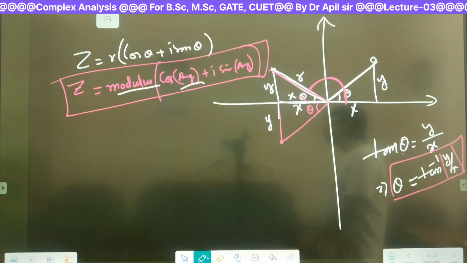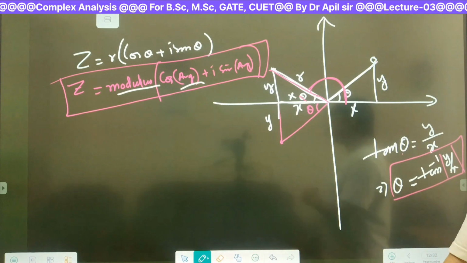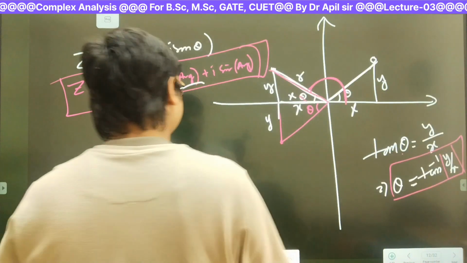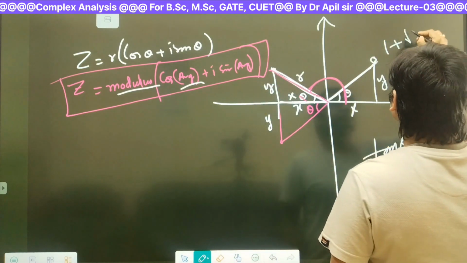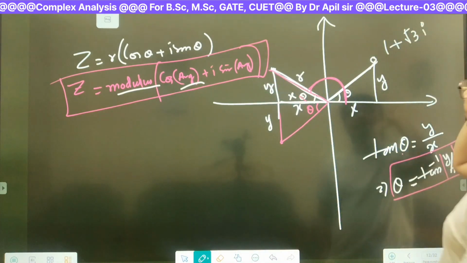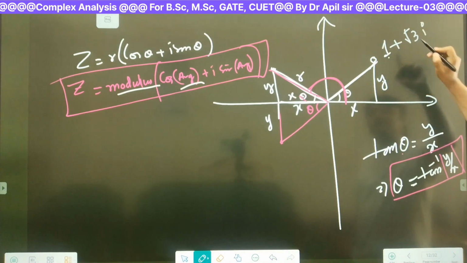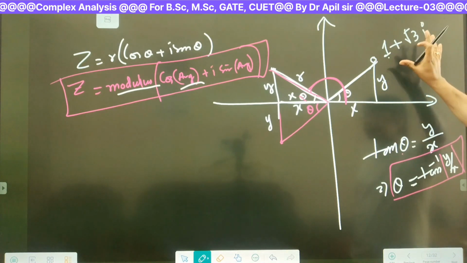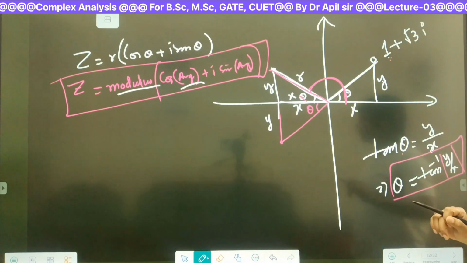Now the question is whether this theta is the argument of this complex number or not. Just I will consider a numerical example. Suppose we consider 1 plus root 3 i. This is the complex number. Here x and y are both positive, so this complex number will lie in the first quadrant, right?